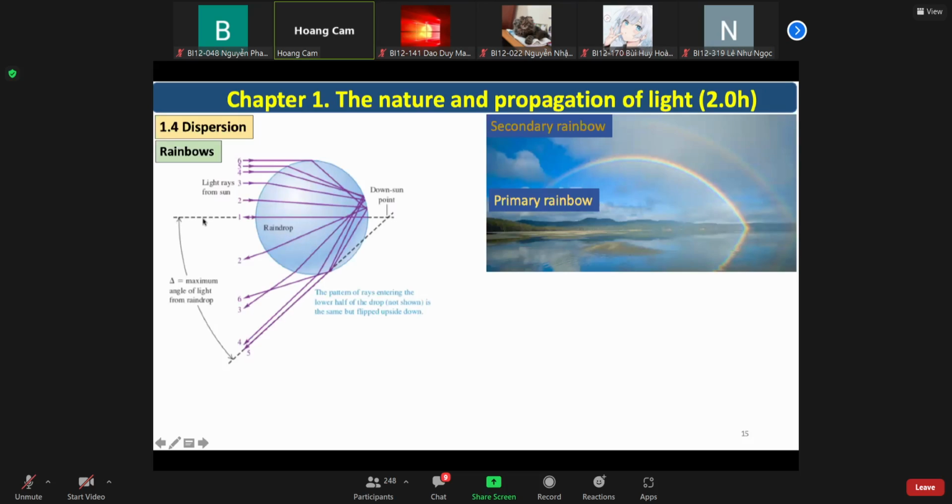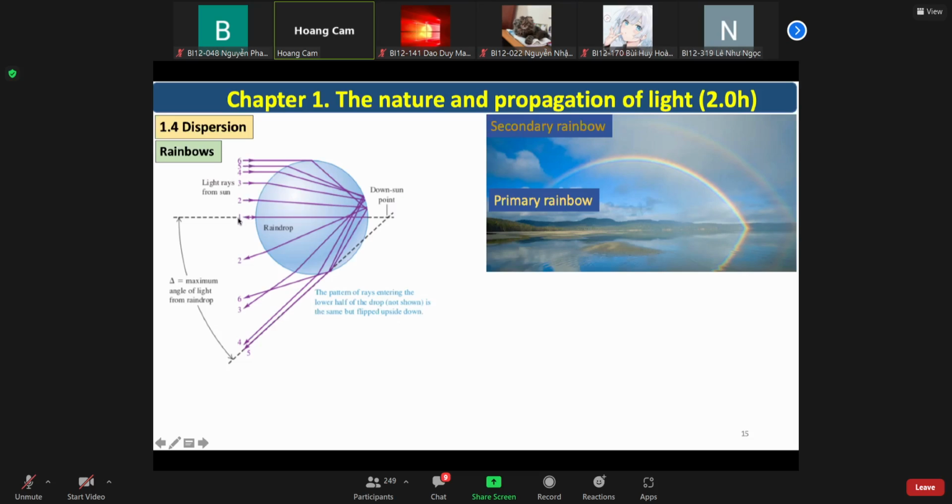We will draw here from the first to the sixth. The first one goes through the center of this raindrop, and we see here the downward point; this point we will discuss later on. So it's the first incident ray, the second one, the third one, the fourth one, until we can draw six, or you can draw even 100 or 1000 as you want.